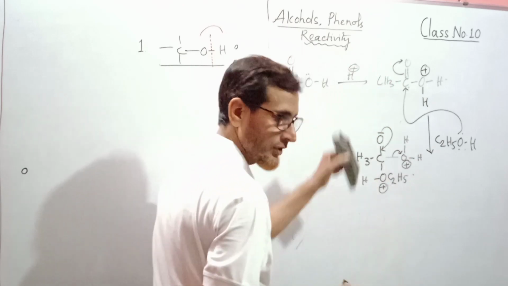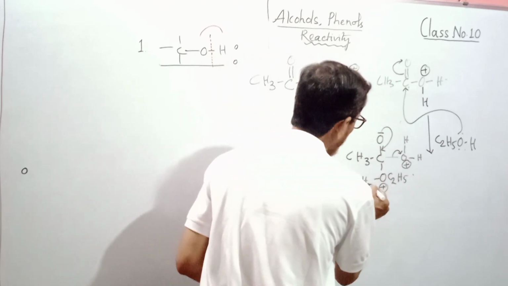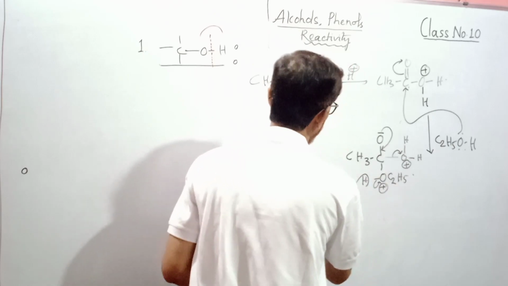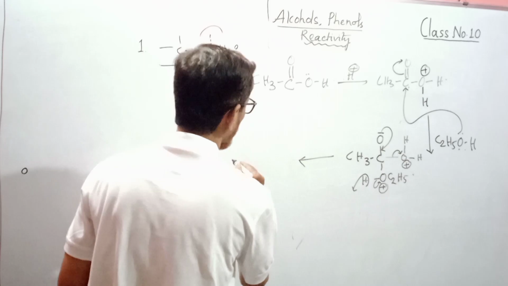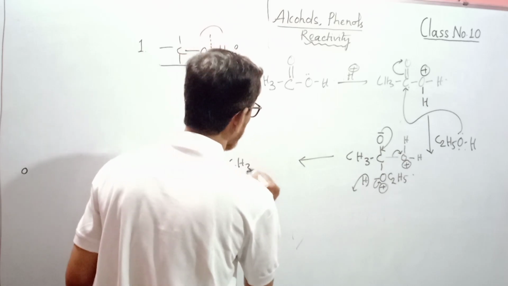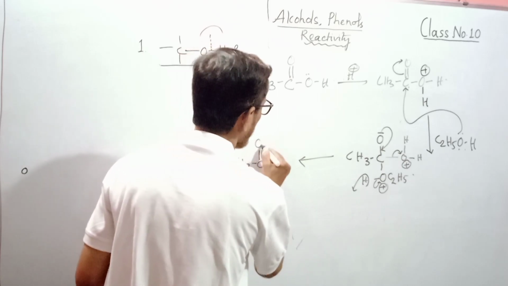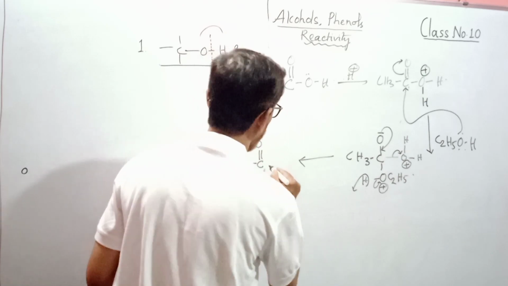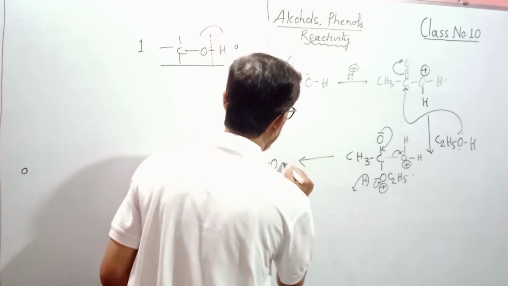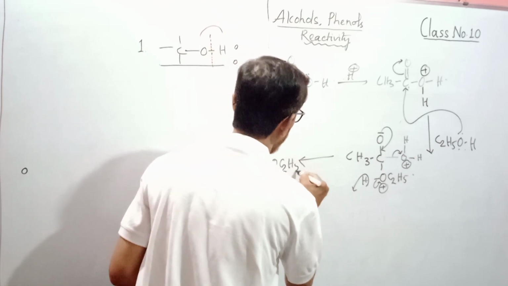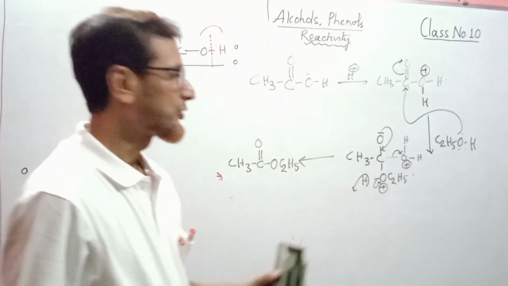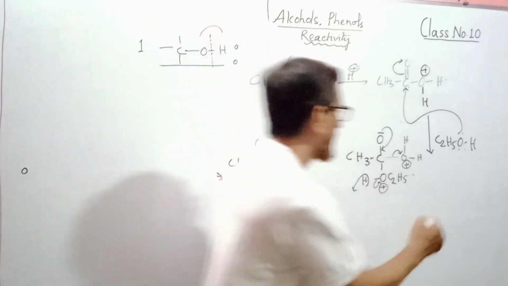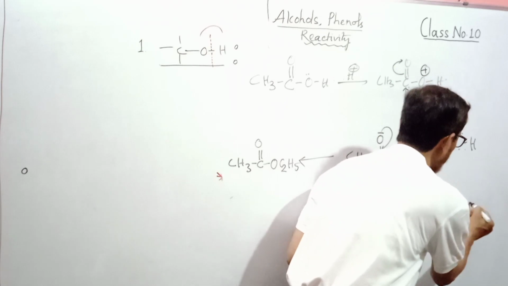And one step I am showing, there is one step more, and that removes and it goes in this way. So what we get here is CH3, C double bond O, OC2H5, this way.